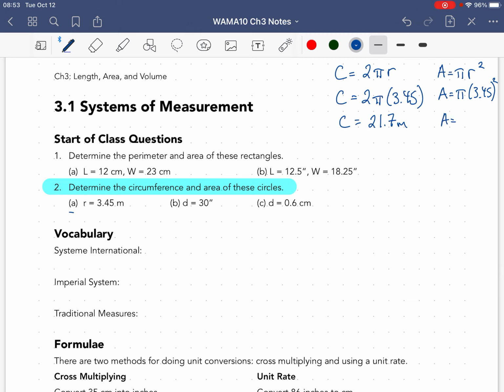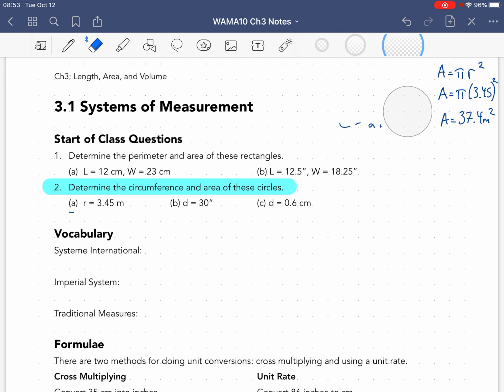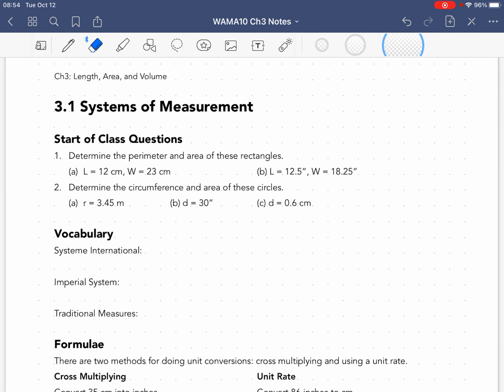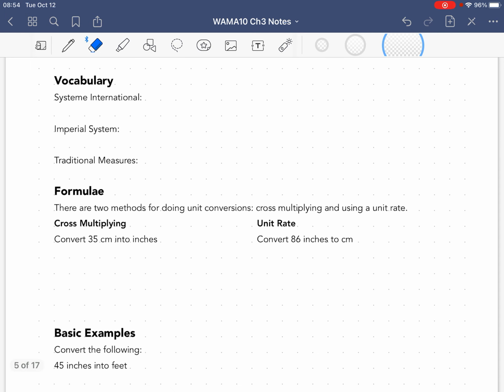Area is equal to, now, because it's all multiplying, I can just do this out. 3.45 squared times pi, 37.4. That's how I do these formula questions. Right, so remember those steps for formula questions. We're going to use them a lot in the next couple units.